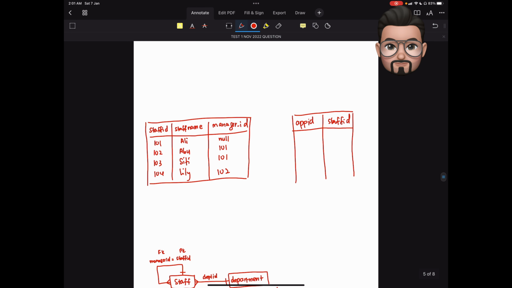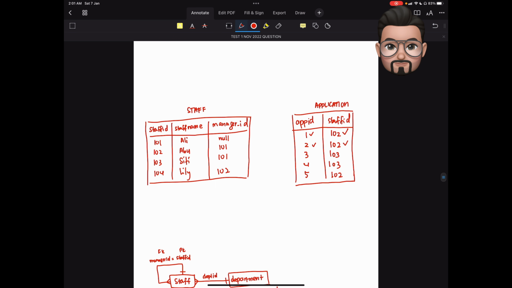So let's say applications 1, 2, 3, 4, 5, with staff 102, 102, 103, 103, 102. We know that this is the staff who applied for this leave. So this is from table staff, and this is for table application.